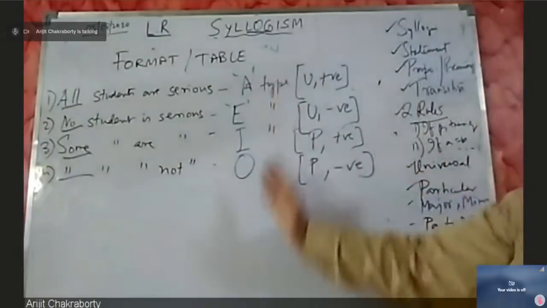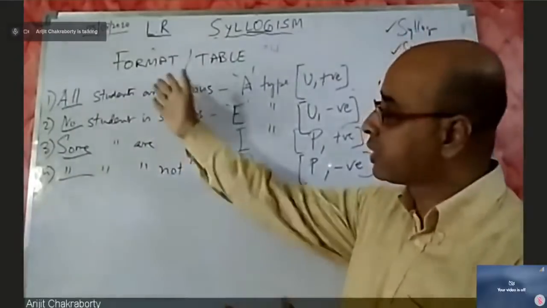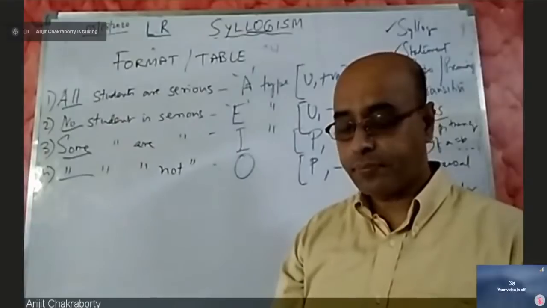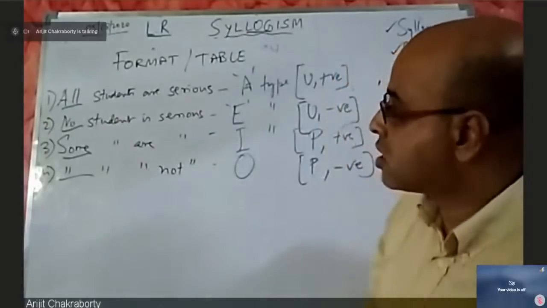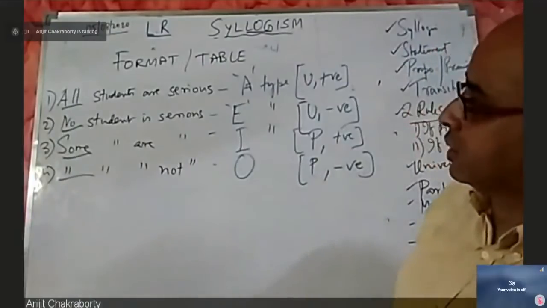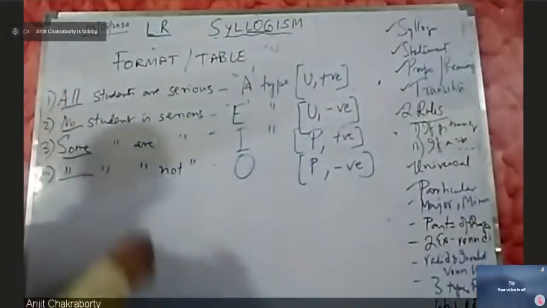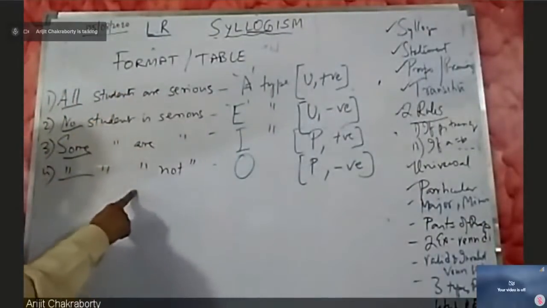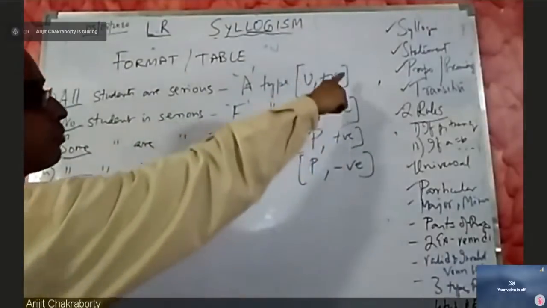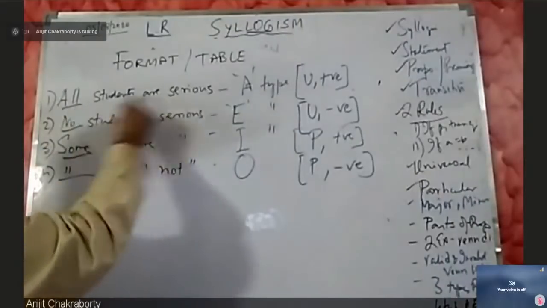So we have looked at each of them and we also analyzed their character, their types. And I have taken a very simple proposition. All students are serious. Okay? Please keep a note of it. This is a very important format. So you can see basically it is 4 columns. Column number 1 you can write all students are serious.